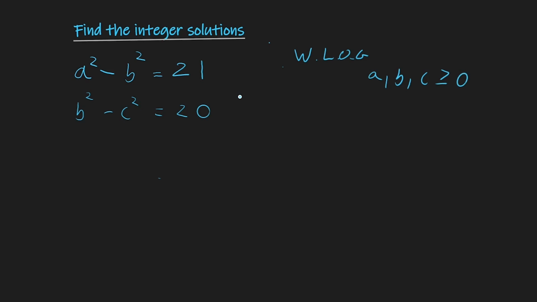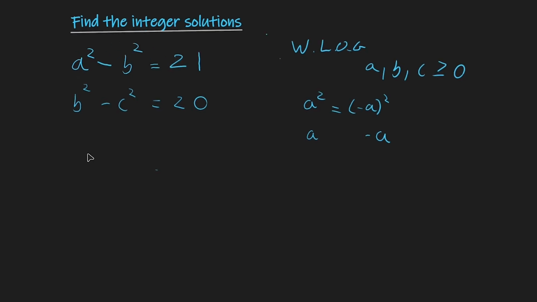We can do that because a squared is the same as minus a squared. So if I have a solution a, then minus a is a solution as well. If a is 8, then minus 8 is a solution as well. So we will make the calculations with a, b, and c greater than or equal to 0.